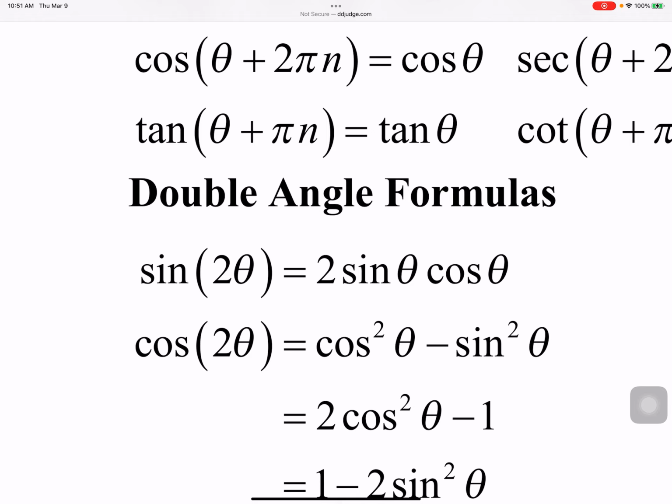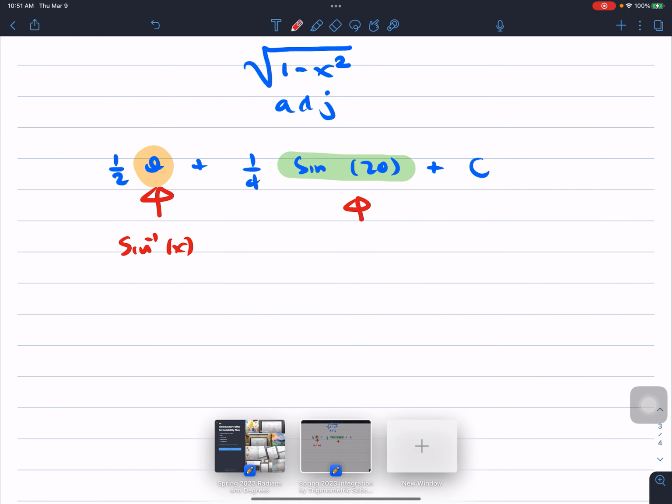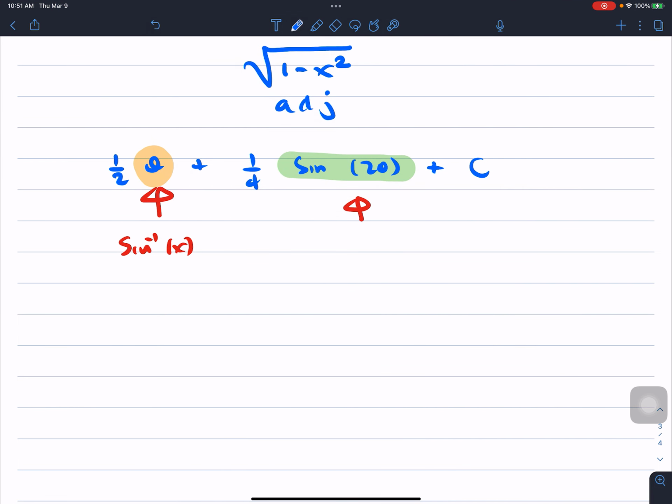Do you guys know? 2 sine theta cosine theta. You're going to use that identity: 2 sine theta cosine theta.